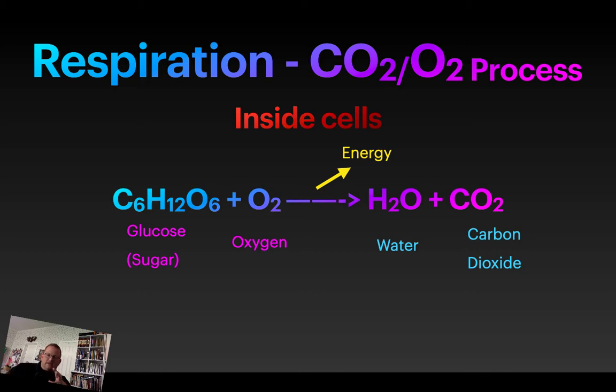Inside the cells, respiration takes that glucose molecule that has that energy stored and the oxygen, and it burns the oxygen, which then breaks apart the glucose and releases that energy for the body to use. Well, when it's done, it puts all the pieces back together, and what it's left with is water and carbon dioxide. The carbon dioxide you breathe out, the water you go to the bathroom to get rid of.